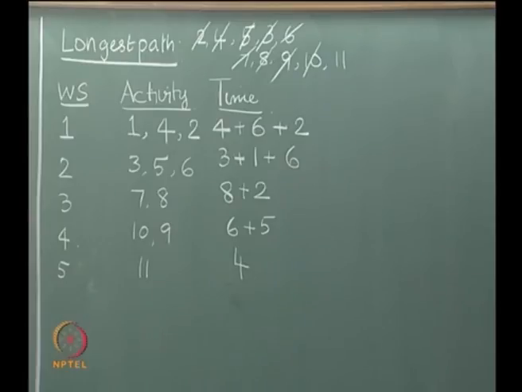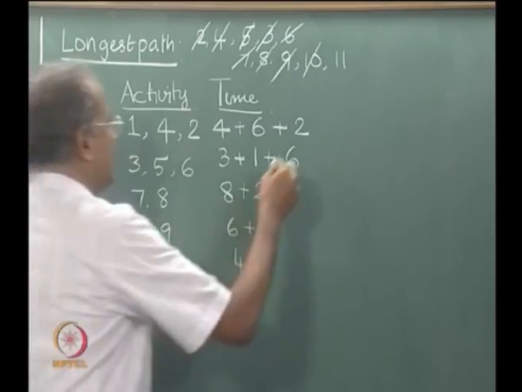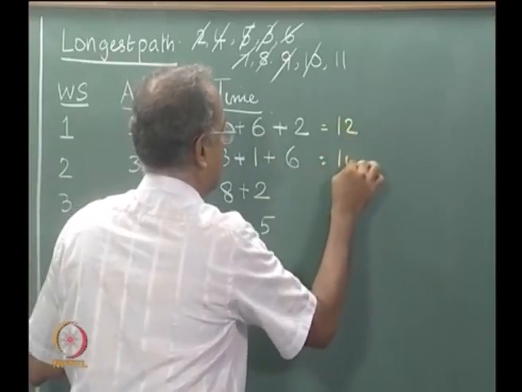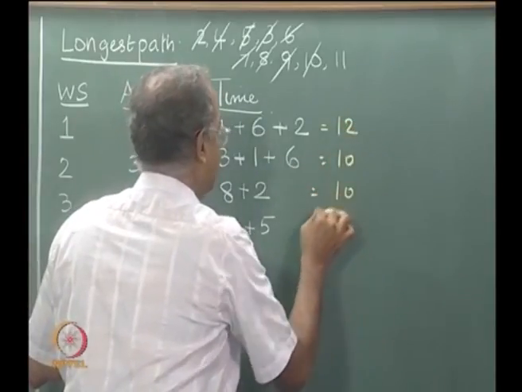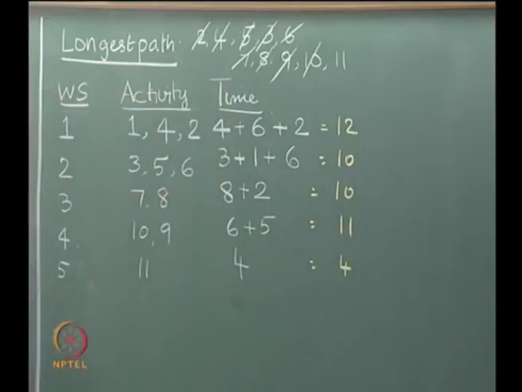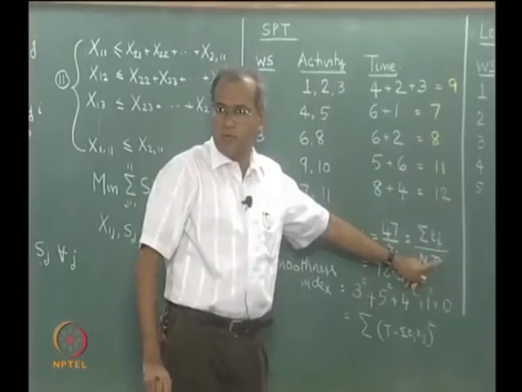So this has cycle time equal to 12, 10, 10, 11 and 4. Now this will have the same line efficiency because there are 5 stations with maximum time equal to 12.